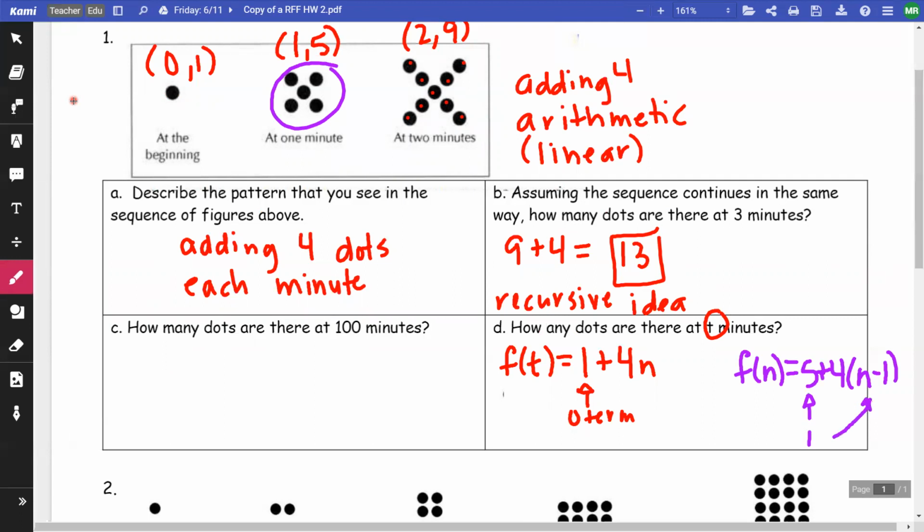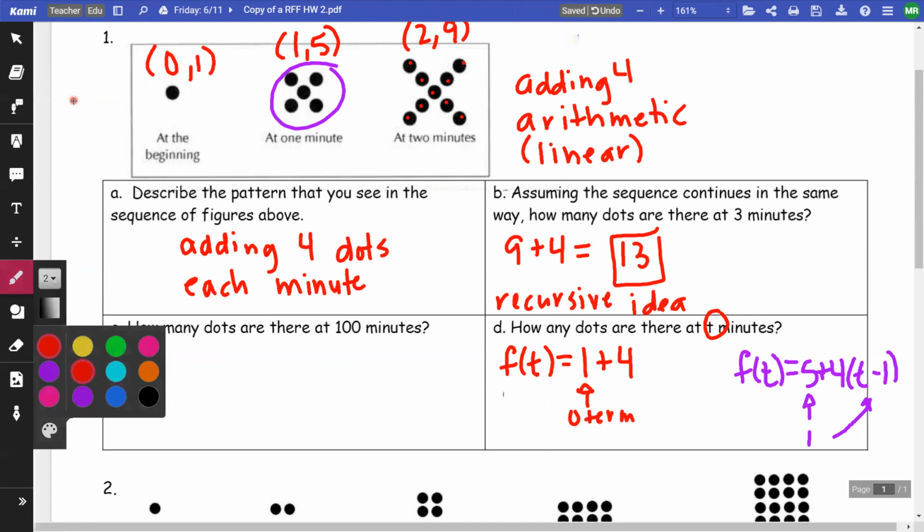I'm always going to go n minus whatever my term, okay? And actually, I shouldn't say n, I apologize. I'm used to doing n's. They wanted us to do t's. So this is going to be a t because they asked us to use t. And let me put t over here also.